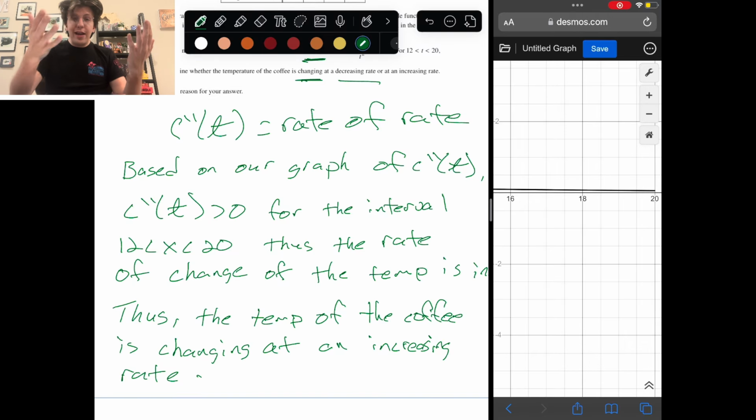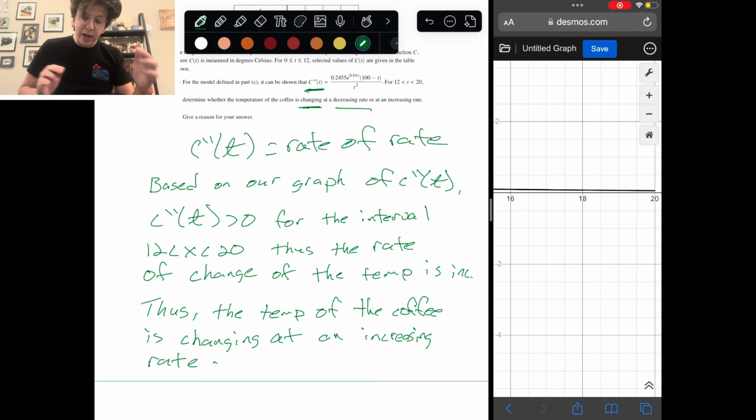All right, and so that is those 4 problems. Let me zoom out there so you can get that final answer. Those are our 4 problems for this FRQ for 2024.